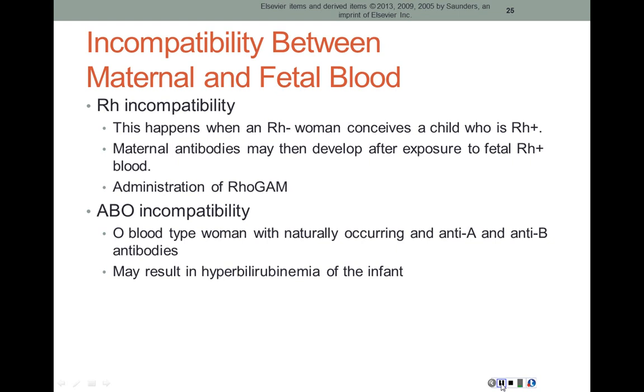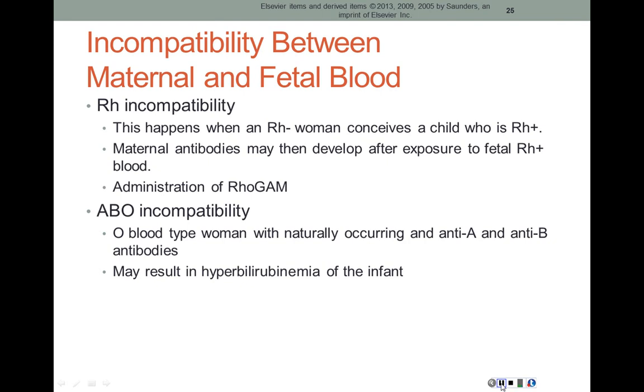And what happens is that mom develops antibodies after exposure to the Rh positive fetus, and it normally doesn't cause problems with that pregnancy, but it will cause problems in future pregnancies. So when we have an Rh negative mom, usually at 28 weeks, we go ahead and administer RhoGAM to help prevent any problems from occurring.